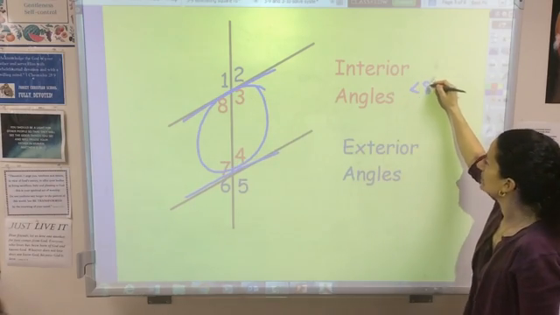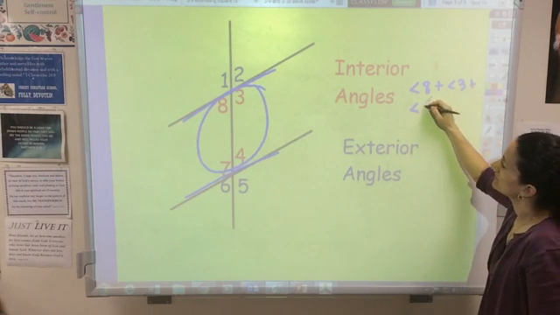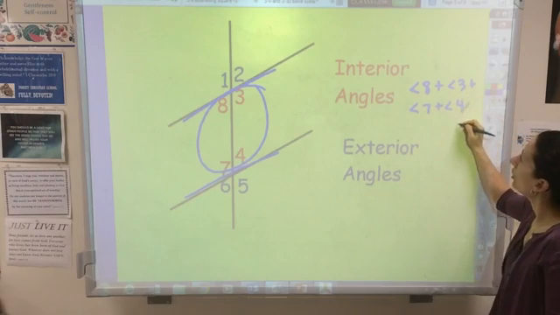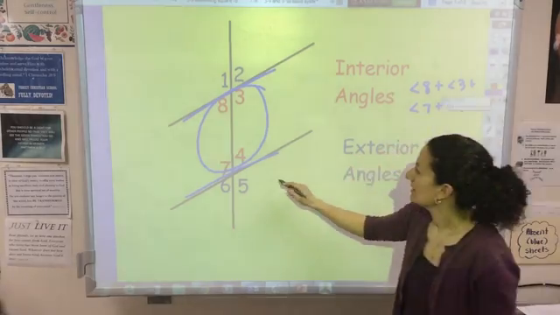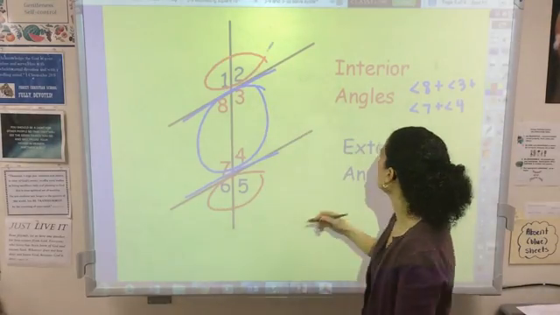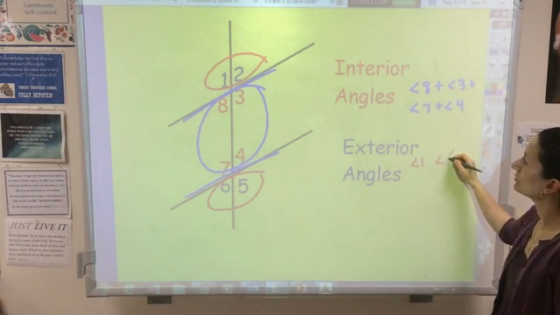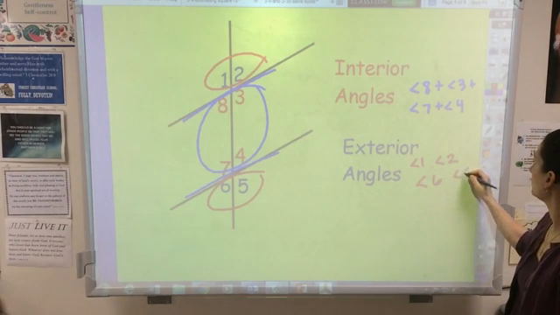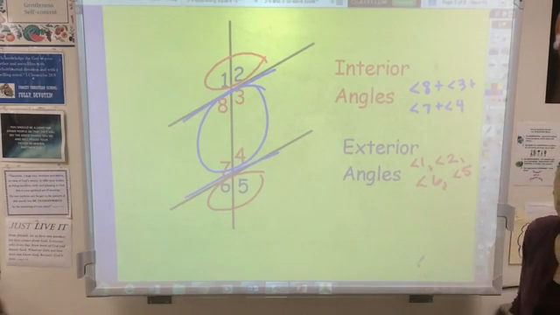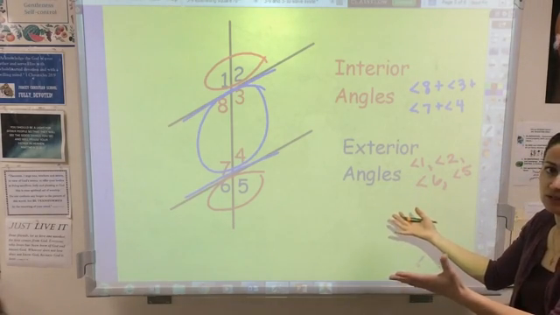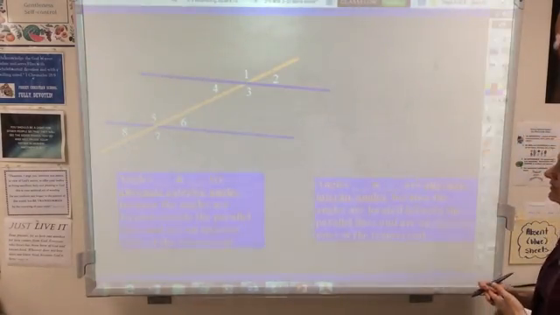So angle 8, angle 3, and angle 7 and angle 4 are all interior angles. And conversely, the angles outside the parallel lines are exterior. Exterior means outside. So angle 1, angle 2, angle 6, and angle 5 are all exterior angles. It's pretty simple. But what relationships do these have? Why are these special? On the very next page, I'm going to show you why these are special.